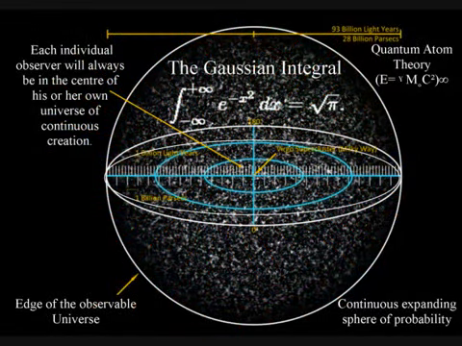In this way, an infinite universe fits within a finite sphere as long as the sphere is expanding continuously in space and time as an infinity of possibilities that can be represented mathematically as the square root of the continuous irrational number pi.